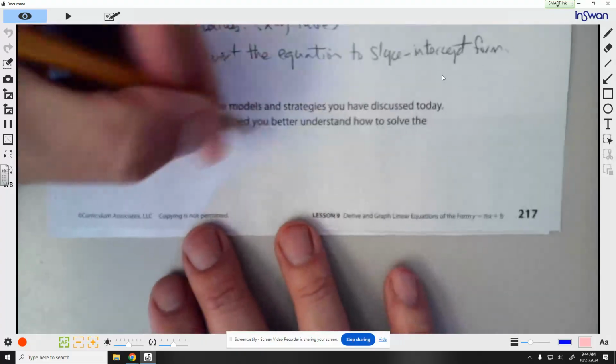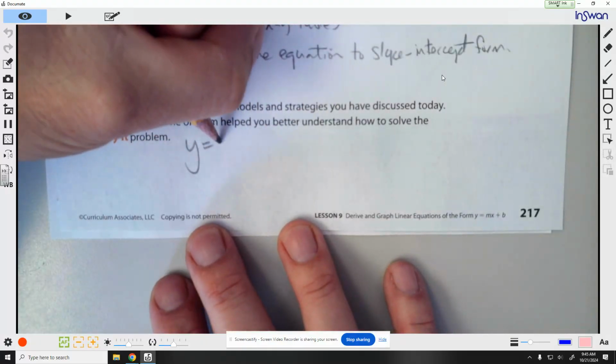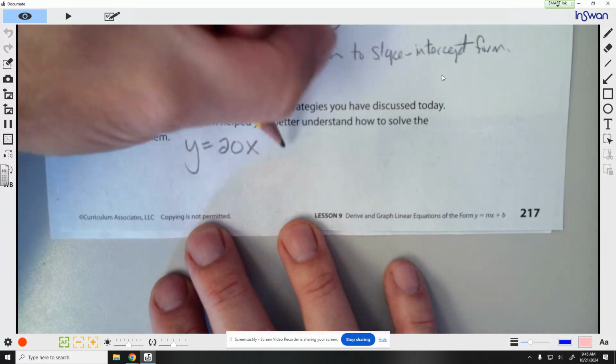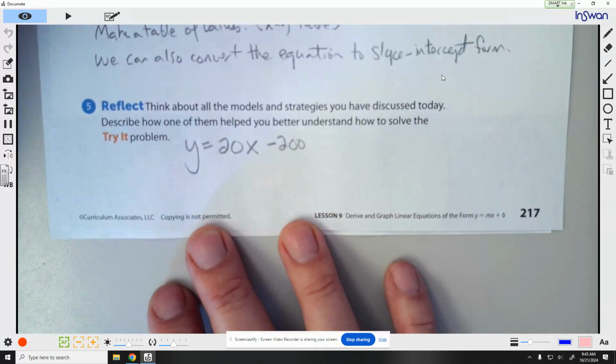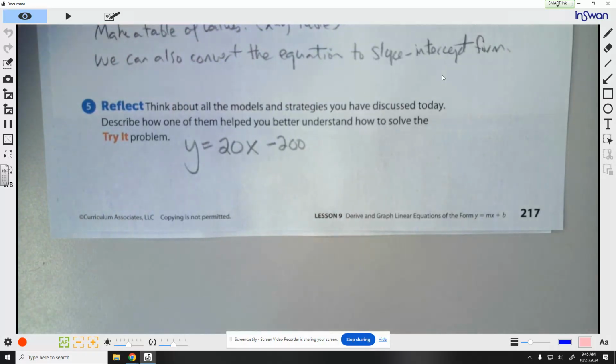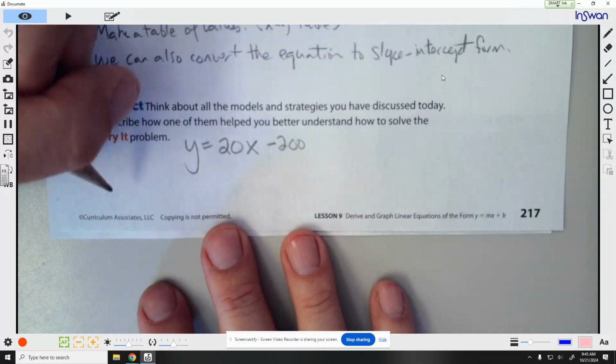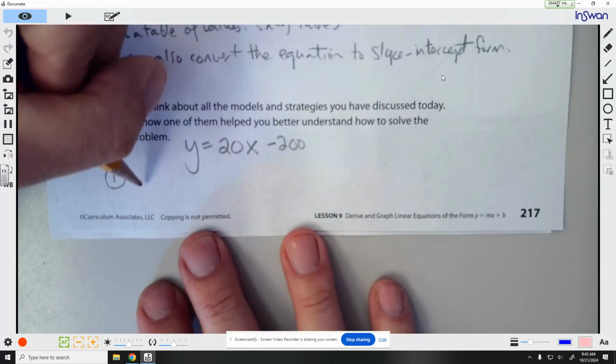All right, let's say I had an equation y equals 20x minus 200, and I was dealing with the scuba diver. So the scuba diver, but this was the equation y equals 20x minus 200. Question 1.